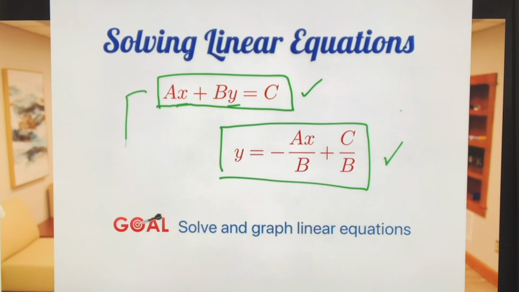These two are equivalent. This is the standard form, and this is the slope-intercept form. Sometimes this is represented as y equals mx plus b, where m is the slope and b is the y-intercept.